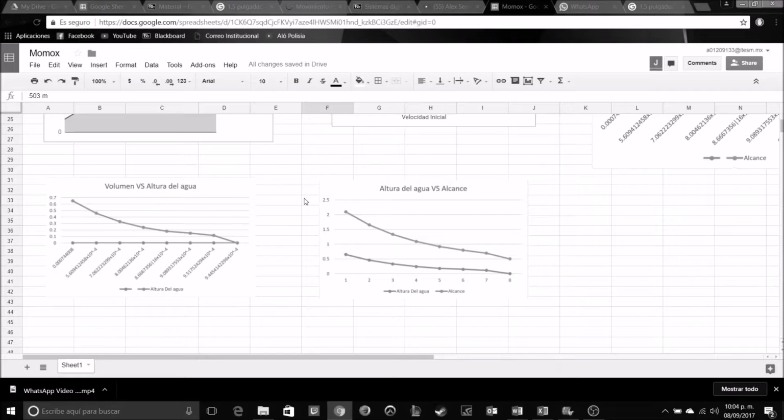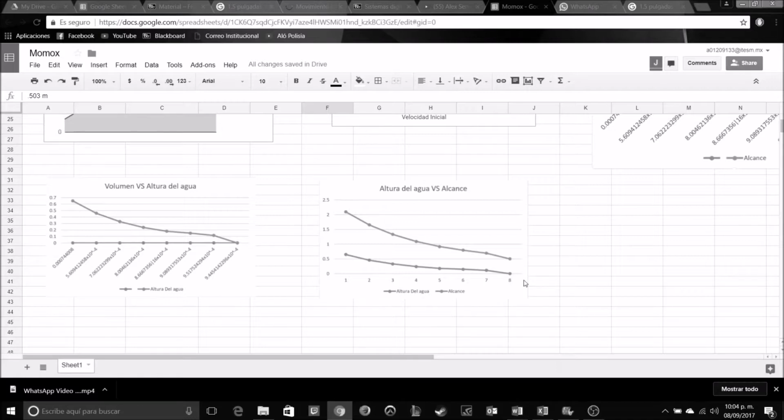Now, the volume versus the altitude of the water. The volume that dropped was not constant, though the altitude of the water started dropping as the water got out. Now, the altitude of the water versus the reach. As you can see, the reach started over here, so it means that it decreased. At the same time, the altitude of the water decreased.